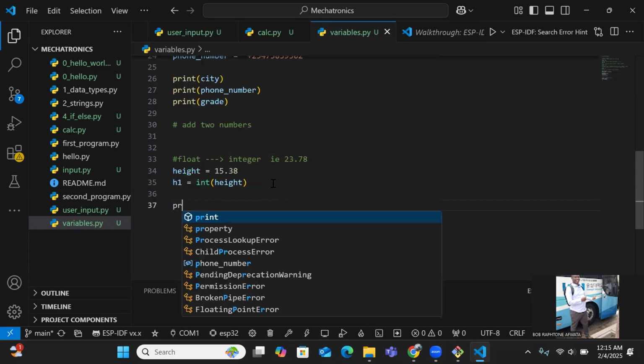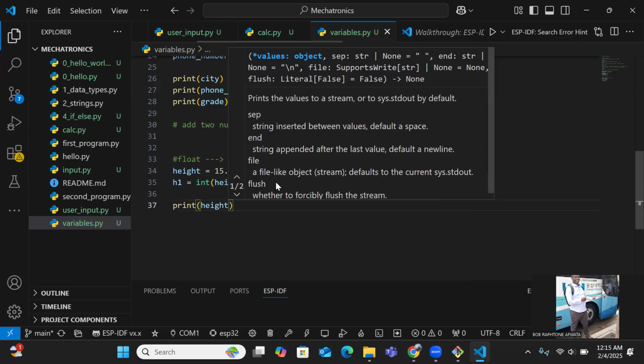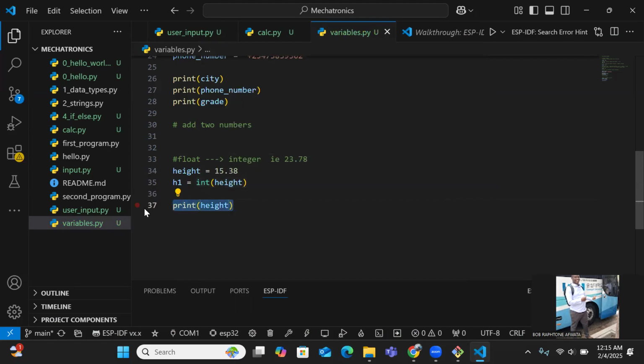Okay, so let's print. Can you print height, and then you print h1. Here you go.